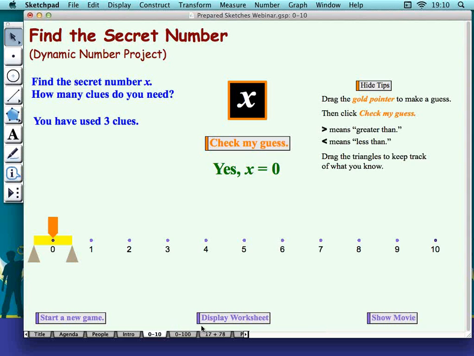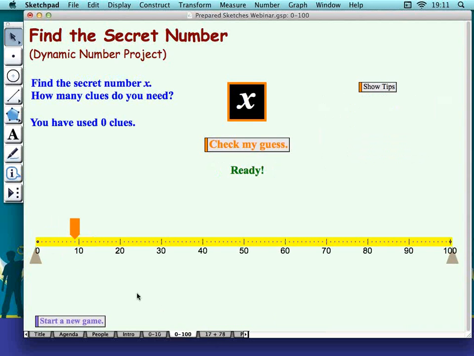Scott, we also had a couple of questions about the number lines, if they could include negative numbers or fractions. This particular model is not designed to show negative numbers or fractions. We have several other number line models that we'll be looking at that do involve negative numbers and fractions, but not this one.